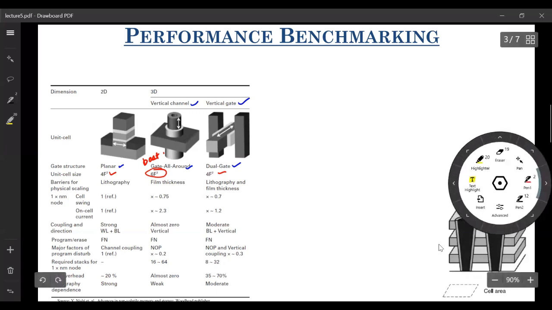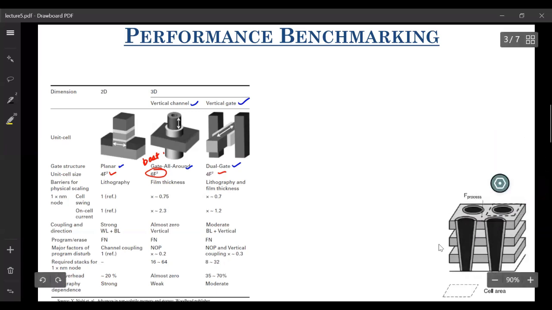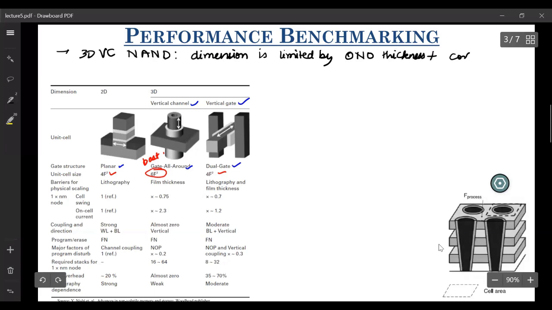So let me write this as well. In your 3D VC NAND, your cell dimension is limited by the ONO thickness plus the core filler thickness of the macaroni body plus your polysilicon thickness.